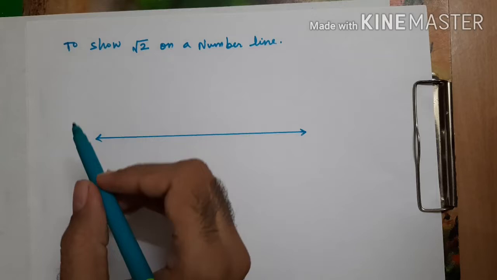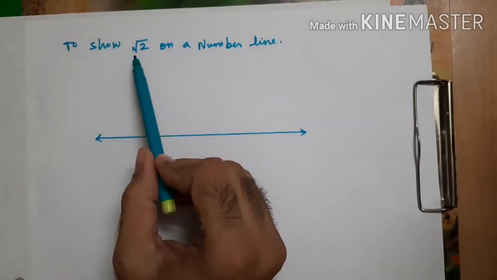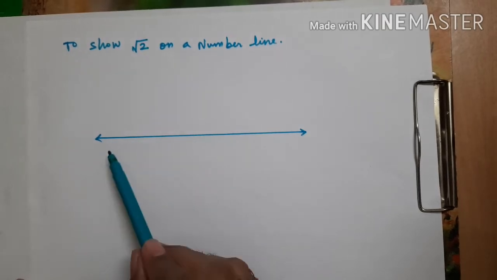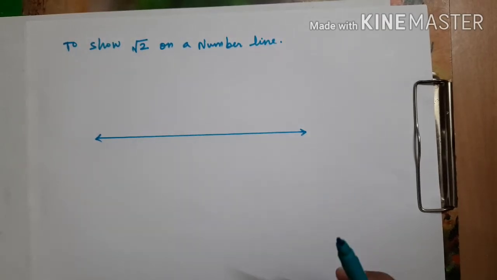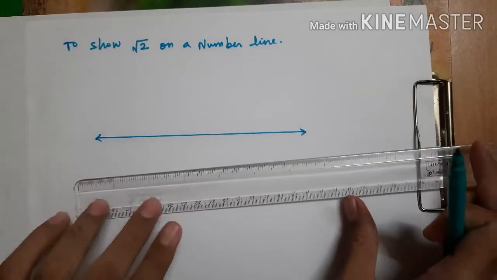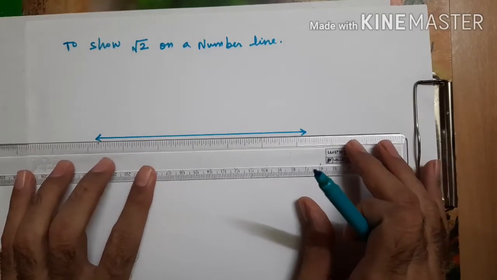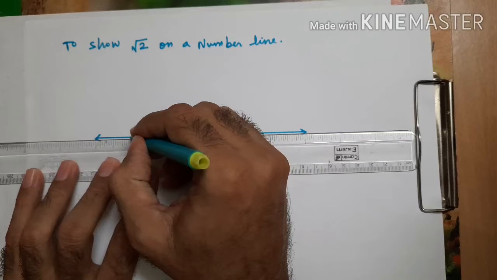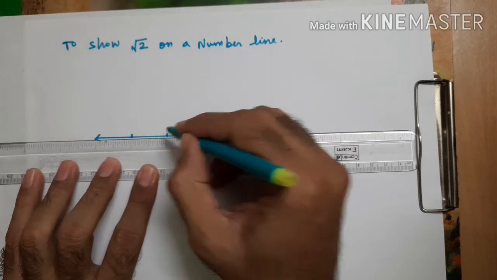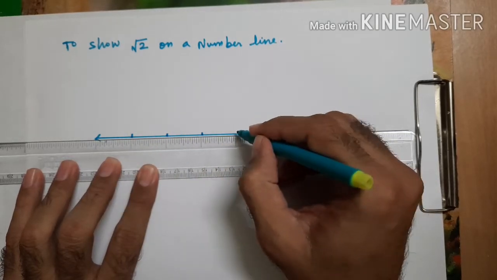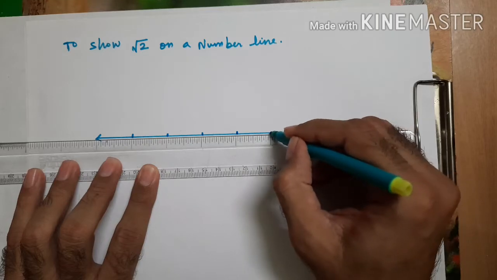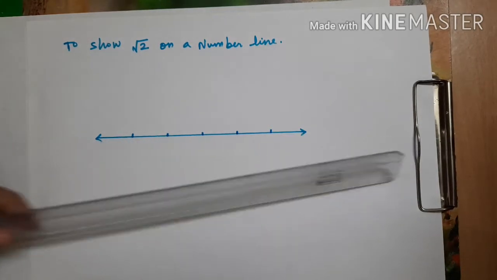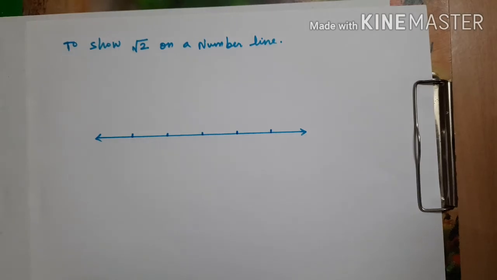Now we have to learn how to show square root of 2 on a number line. So first draw a number line. Now plot some points at a distance of 1 unit each. You may take the distance of 1 inch or any other suitable distance between the points.